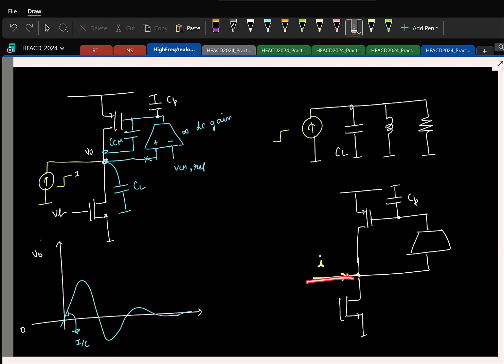Now I am adding an extra current here, which means the total current getting pushed into this node is greater than the current getting pulled out. So to make it fine, what should happen to the current in the transistor? It should decrease. And for that to happen, what should happen to the gate voltage? Increase. So the feedback loop should somehow go and increase the voltage, right?